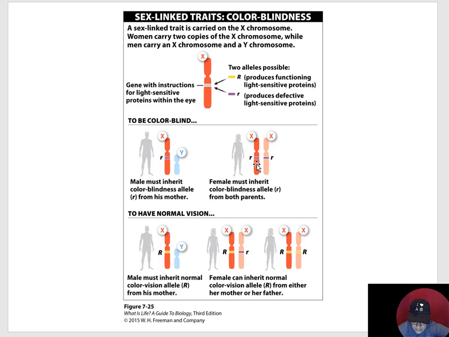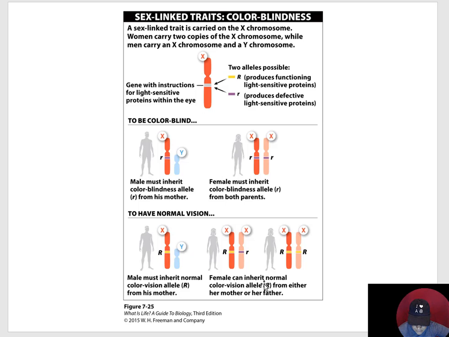Basically, she would have to get both alleles from both parents in order to be colorblind. But in order to have normal vision, a male must inherit a normal color vision allele from his mother, here, as we can see.